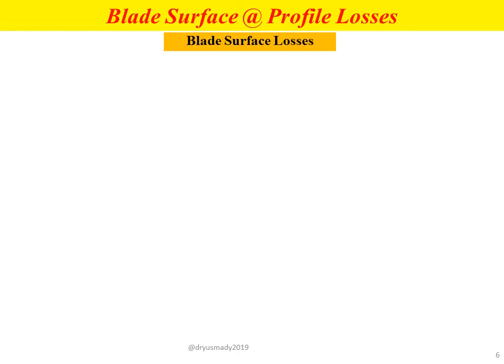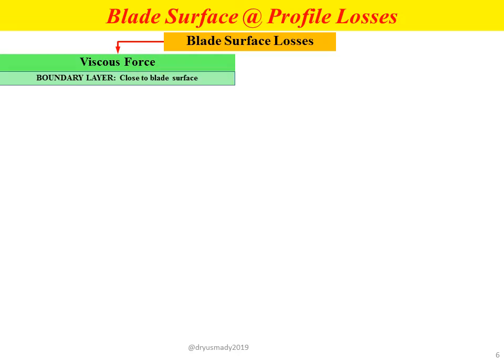For blade surface losses, there are 2 factors that affect the blade surface losses value. First, we have the viscous force due to the moving fluid on the surface of the blade profile. This factor will create the boundary layer, where the boundary layer refers to the region very close to the blade surface.